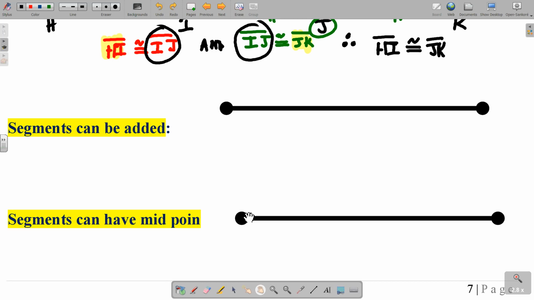Another thing that is important is that segments can be added. So let's offset this. Let's say we have P, Q, and R. We did this last class.